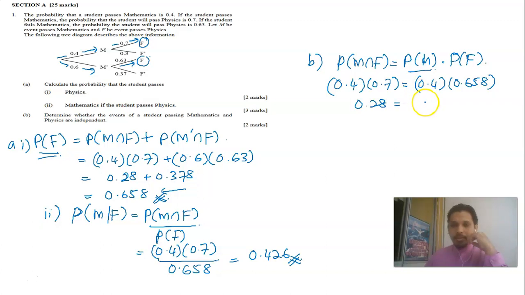And what about this one? 0.4 multiplied with 0.658, which is 0.2632, and they are not equal.